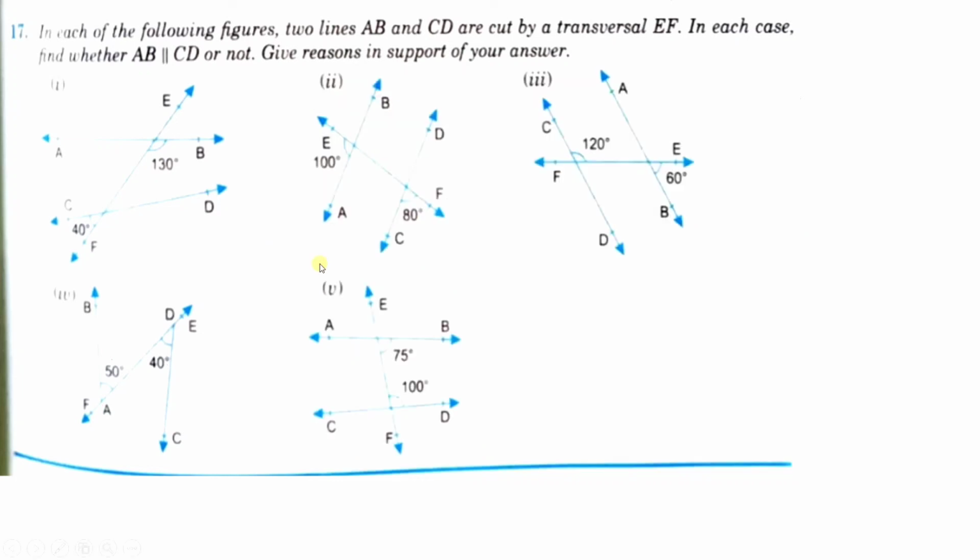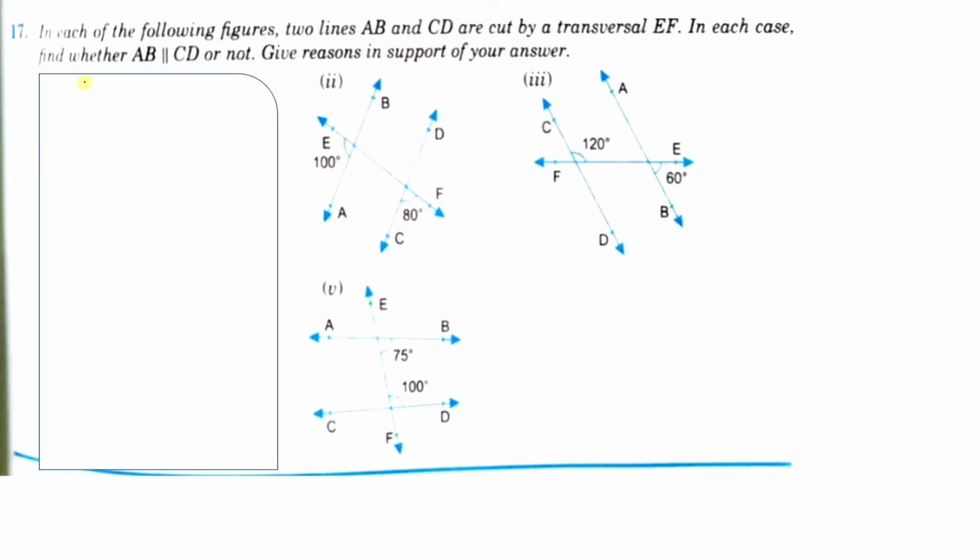Moving to the next one, that is number 2. Look at this one, number 2. 180. Fine, this one is very nice. So we don't have any relationship between 180. So let us name it as A and name it as B. A and 100 are forming a linear pair, B and 80 are forming a linear pair. So from here we will find the value of A: A and 100 equal 180 degree.